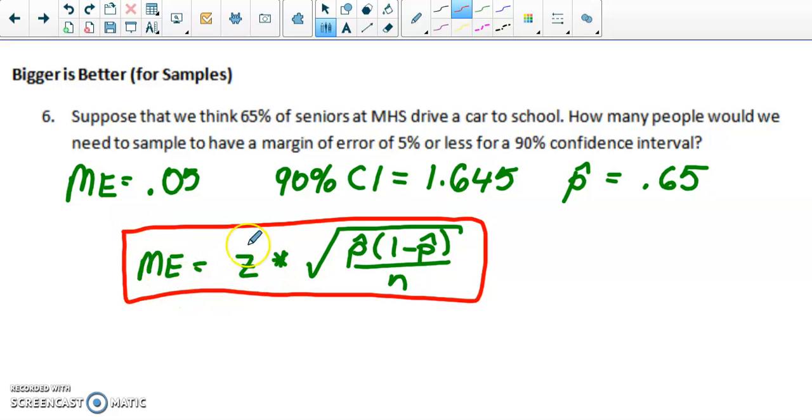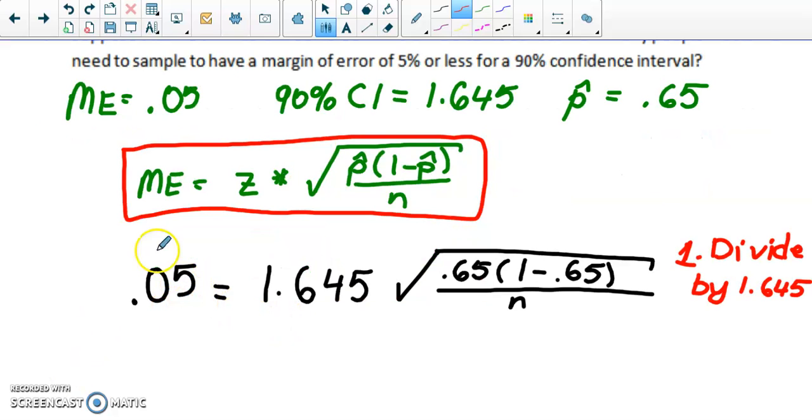So we're going to plug this one in here, this over here, and then p hat, of course, here and here. The only thing that will be missing is our n, and that's what we will be trying to solve for. So here I plugged in 5% for margin of error, 1.645 for z, and then p hat 0.65. n is still here because that's what we're solving for.